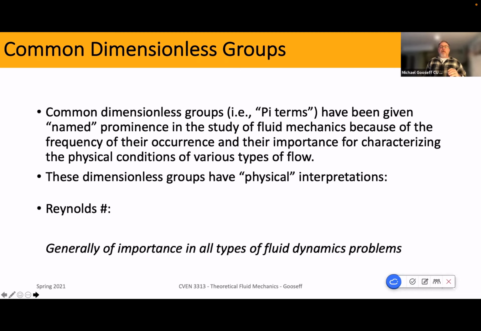And rather than saying, oh, this pi group that has this, this, and this in it, you say, no, the Reynolds number, the Mach number, the Weber number. These are identified now as summarizing phenomena that we may care about in other parts of fluid mechanics.